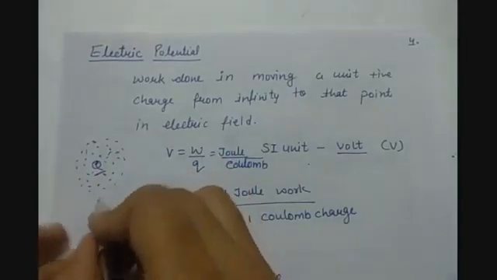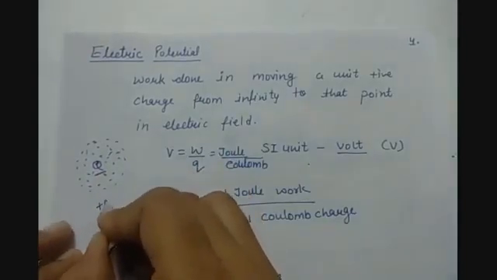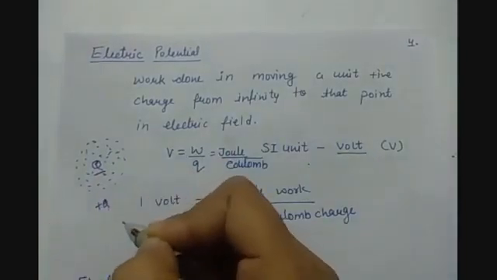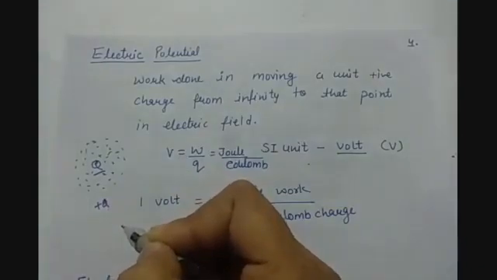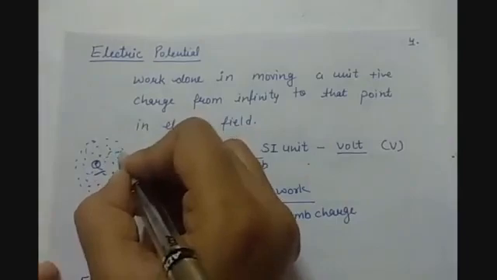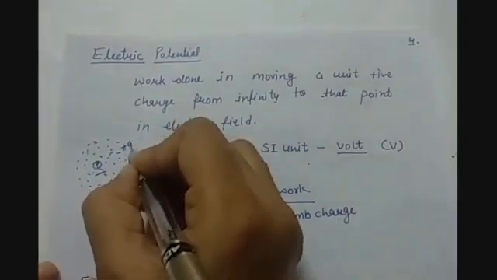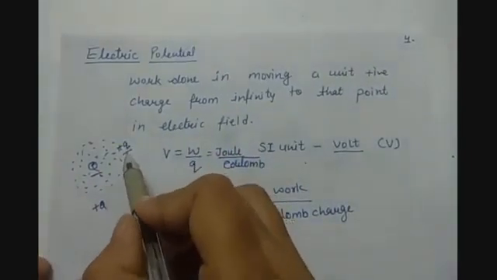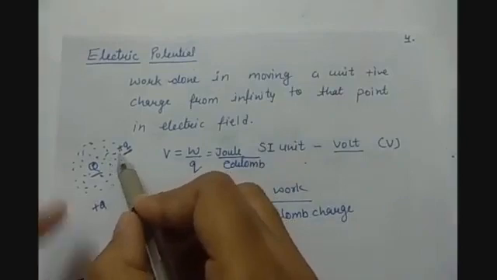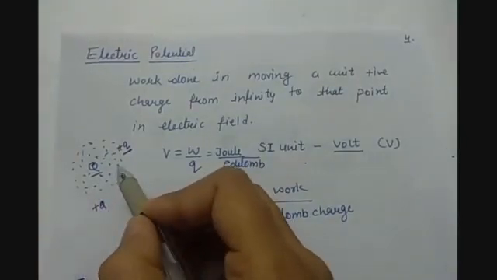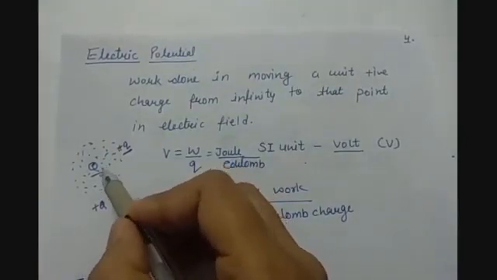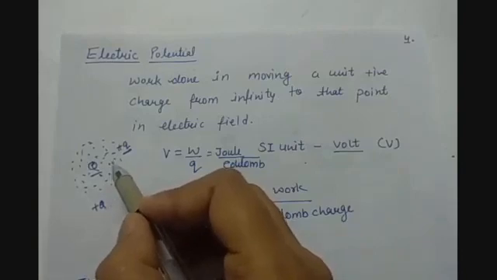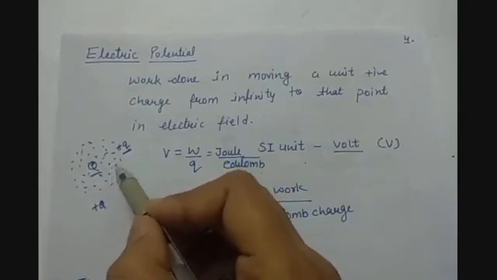And suppose this charge is a positive Q charge. And we have another charge, which is a unit positive charge, in this region. So if we have a unit positive charge, let's say it is plus q. To bring it, as these two will repel each other, to overcome this force of repulsion we need to put in some energy, some work to be done.